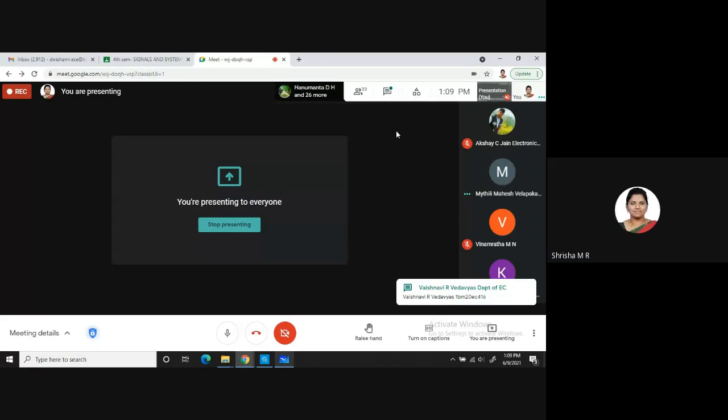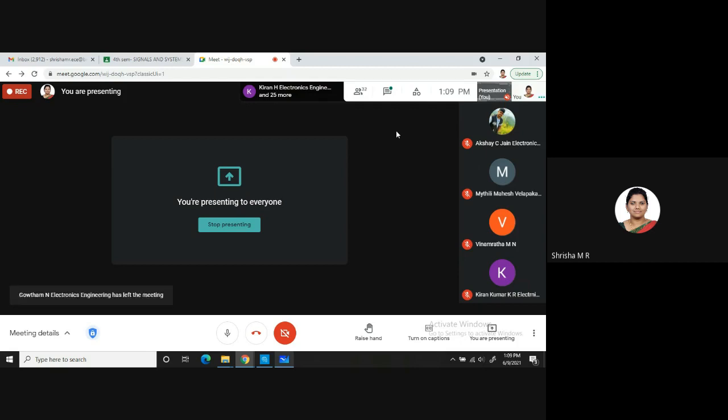Solving, no MCQs. So portions are unit 3 and unit 2 interconnection.